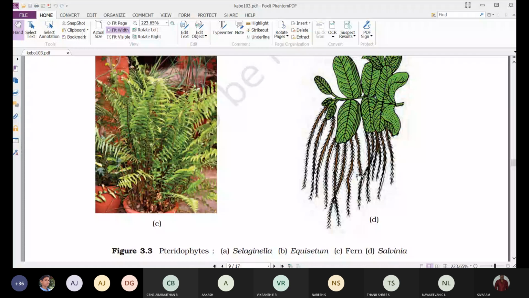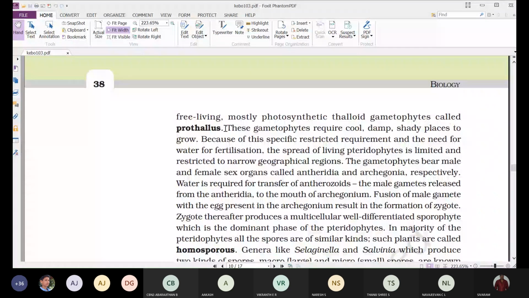These haploid spores are discharged from the plant body, and when they fall on suitable soil, they germinate and give rise to an inconspicuous small thalloid body, which is free living and mostly photosynthetic, because it is green in color and performs photosynthesis.